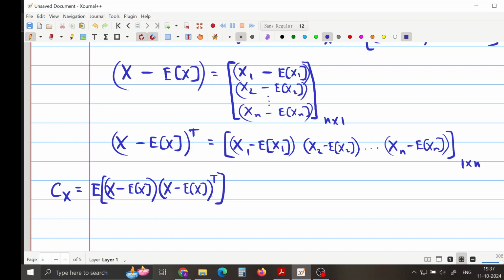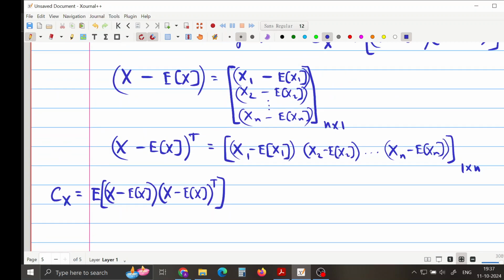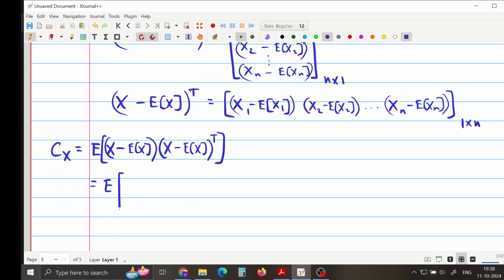I have already found the form for these matrices, for this x minus expectation of x and its transpose. So this is expectation of, what is x minus expectation of x?